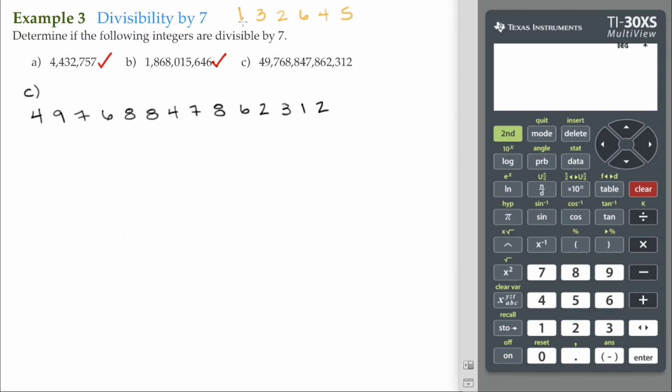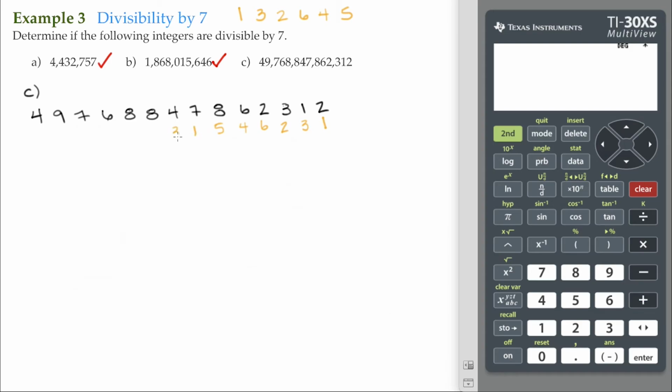Here is our ones position, then our tens position, and we're just going to go down the line here. And we repeat.